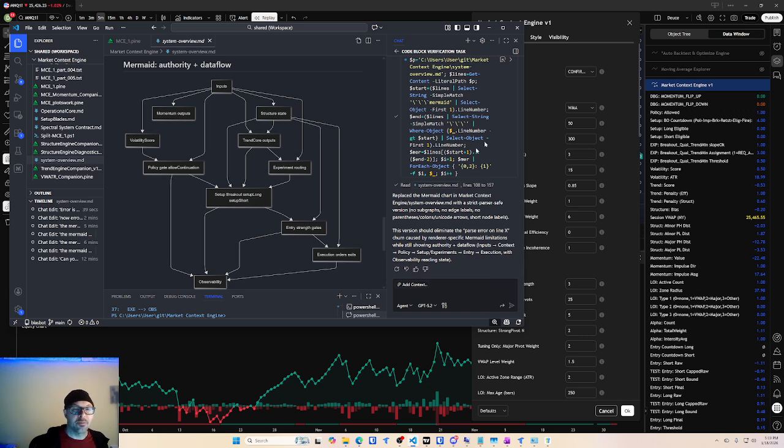The spaghetti mess in front of us right now is a chart that gives an overview of exactly how the system works. We've got inputs that are taken in, consumed, and produced as signals. The system then uses these signals for context.